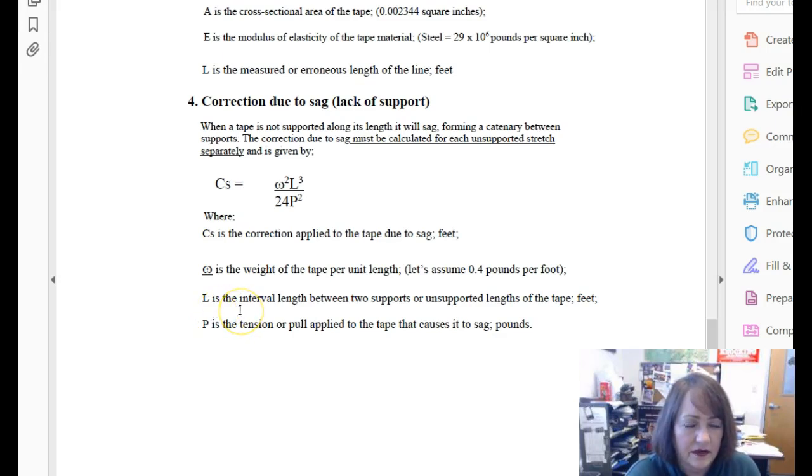The length of the interval between the two supports, once again, if you pull 100 feet, this would be 100. This number is not correct. I'm looking at this. This should be 0.04. So omega is 0.04 pounds per foot.